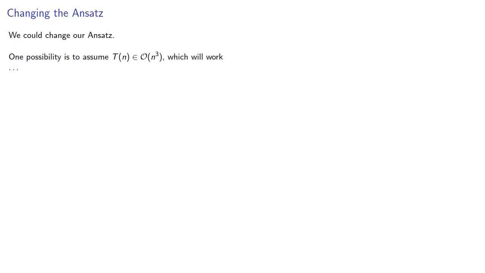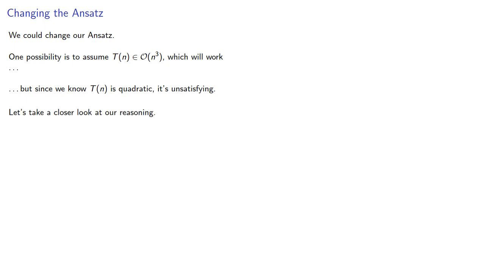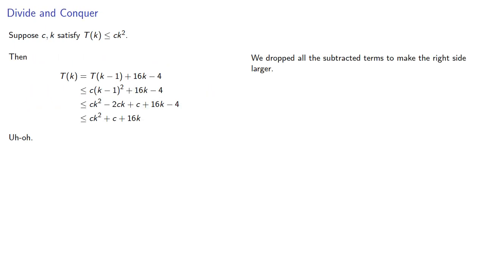One possibility is to assume that t of n is big O of n cubed, which will work, but since we already know t of n is quadratic, it's unsatisfying. Let's take a closer look at our reasoning. We dropped all the subtracted terms to make the right side larger, but as long as we're subtracting a non-negative amount, we can omit it and retain the inequality.